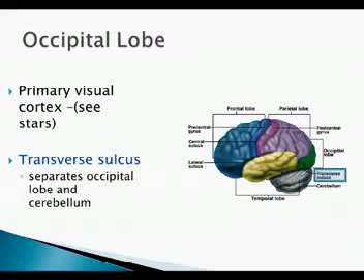Right below it is what's called the transverse sulcus, and that's what separates the cerebellum from the occipital lobe and also the temporal lobe. Right, so we've talked about a couple of big sulci so far: the central sulcus, the longitudinal fissure, and the transverse sulcus.